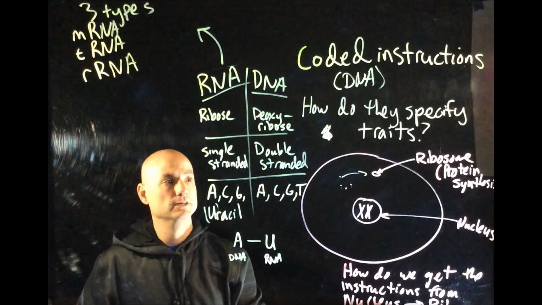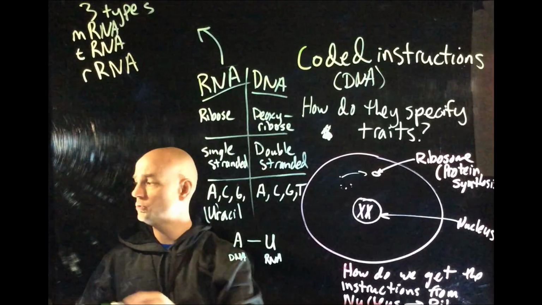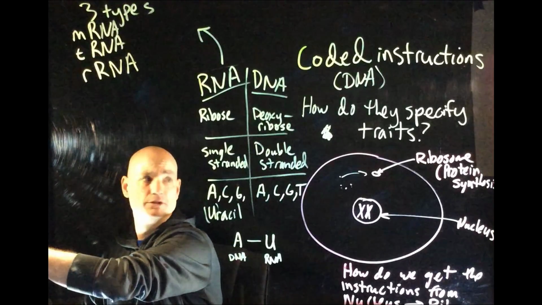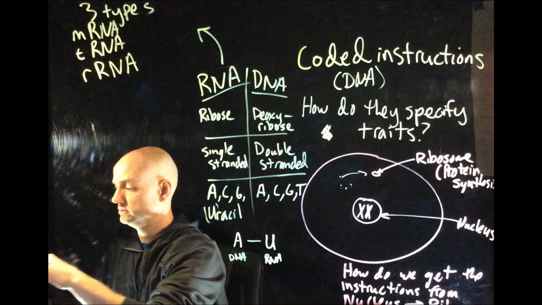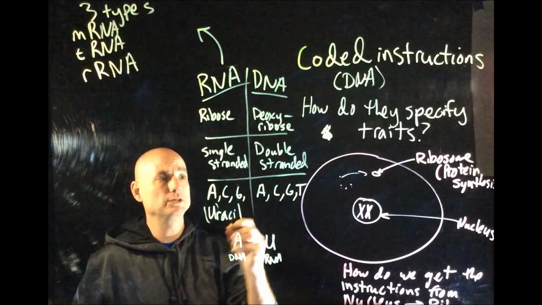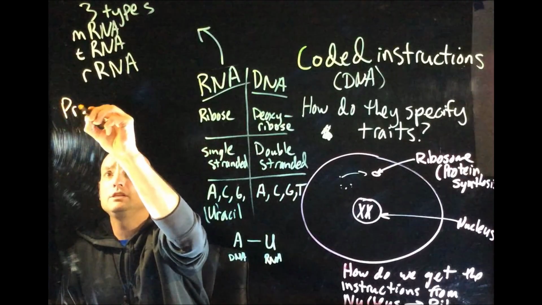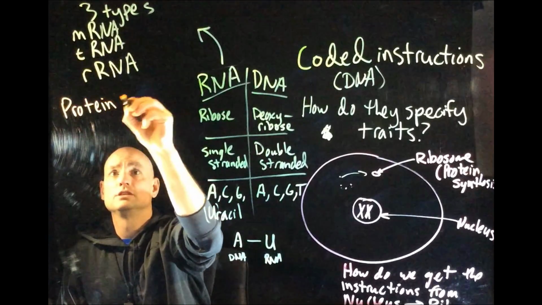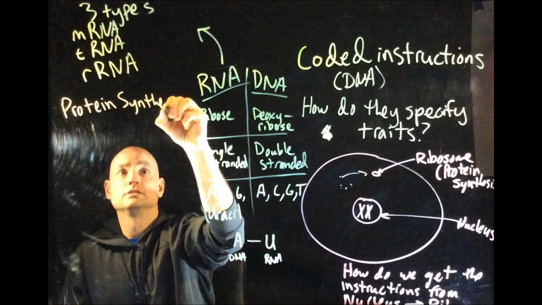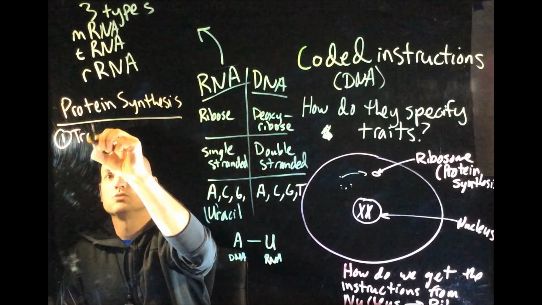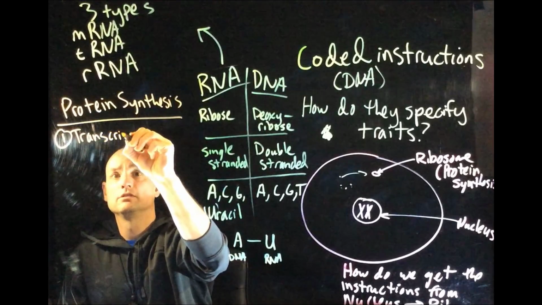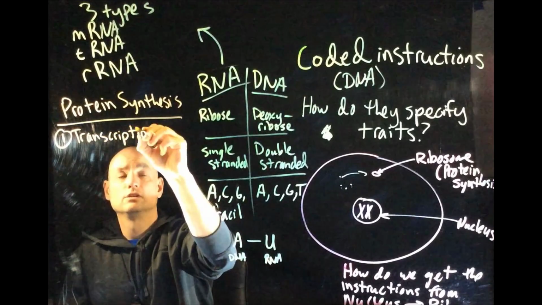Okay. So I'm just going to give you a quick little rundown of what happens in here. Go with orange. And there are basically two steps. So protein synthesis has two steps. Step one is called transcription. Okay?